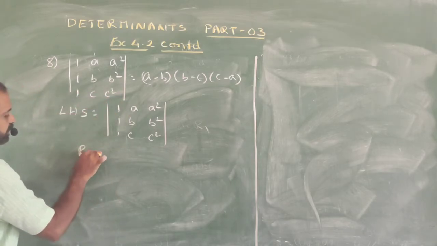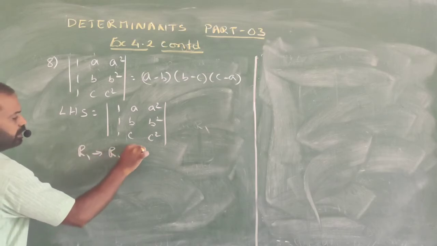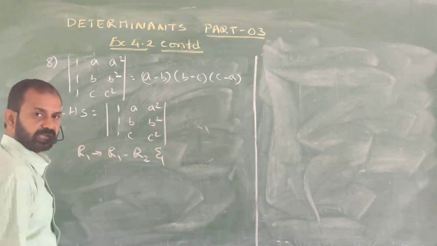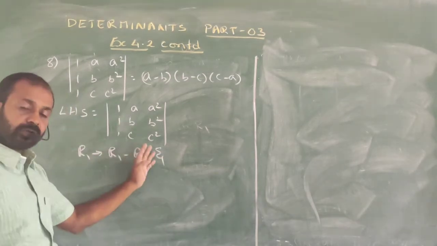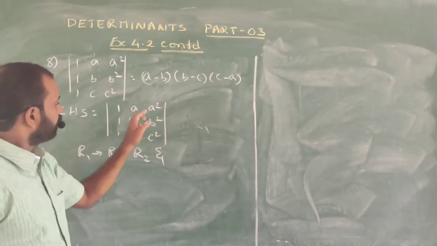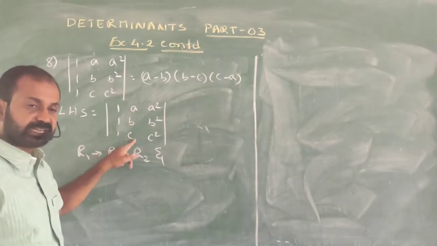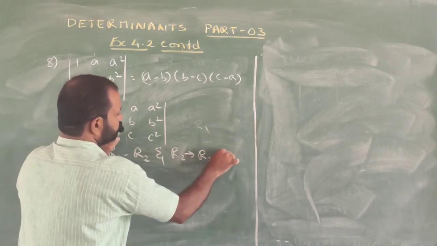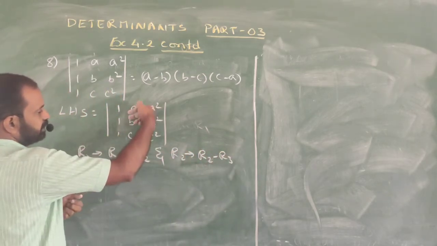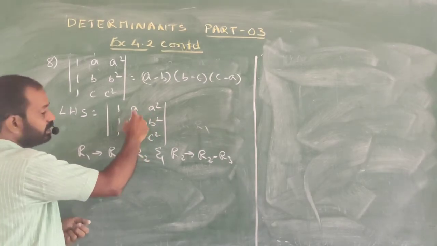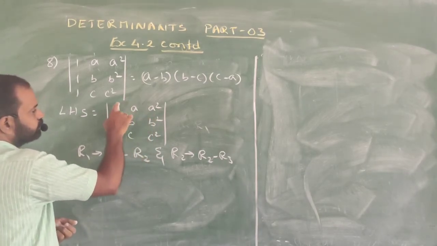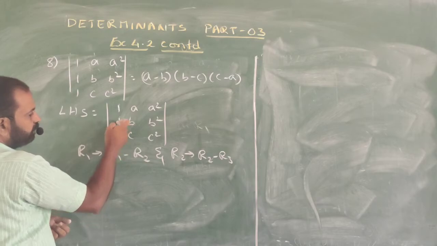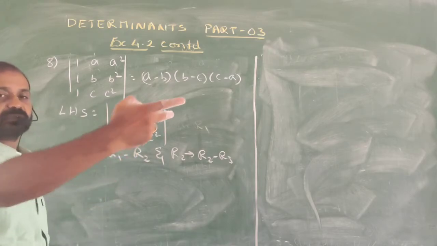So I make the operation R1 as R1 minus R2, and one more operation, R2 as R2 minus R3. So I get a minus b, b minus c. When I do this, 1 minus 1 becomes 0, again 1 minus 1 becomes 0, 2 ones become 0.